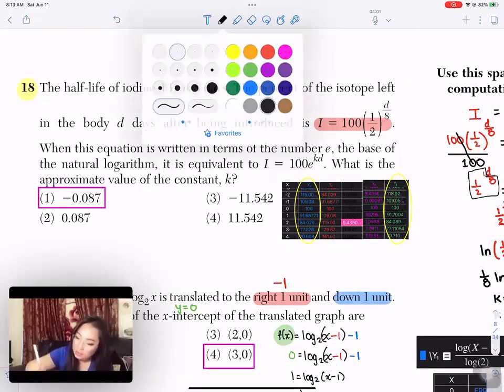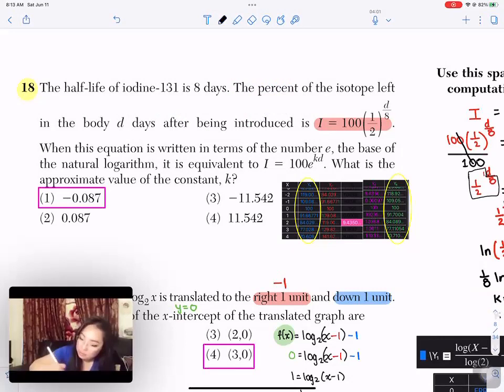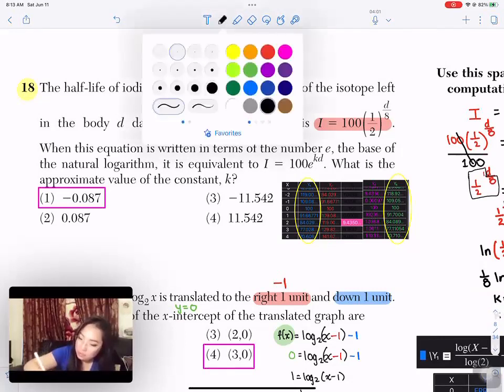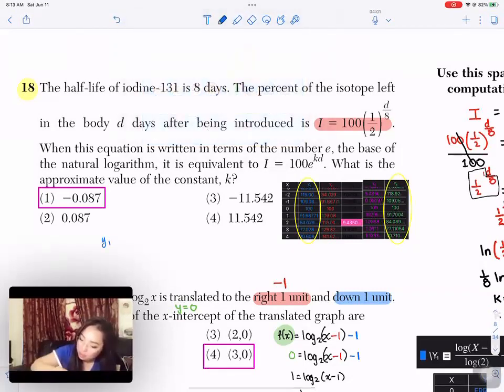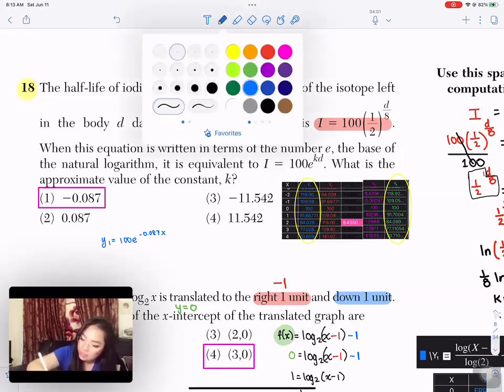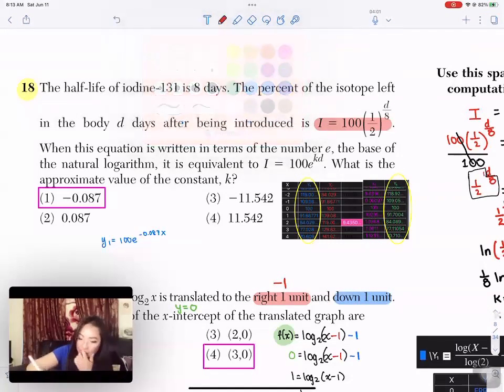Y1, I guess I'll do it in blue, right? So Y1 is 100 e to the negative 0.087x, because your calculator has x's, so we're just going to do that. And then Y2 is going to equal 100 e to the, wait, it's positive, because the k value here is positive 0.087x.